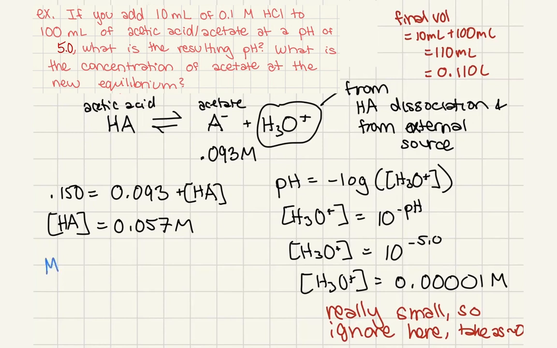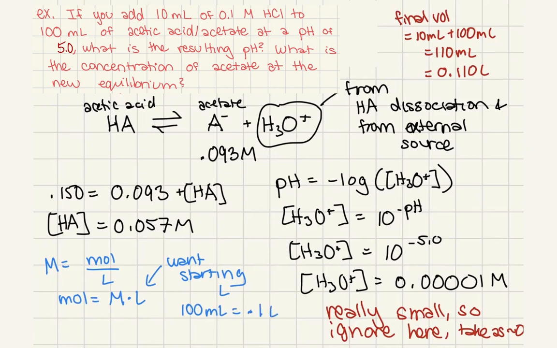Molarity is moles per liter, and we want to find moles, so moles equals molarity times liters. In this case, we're dealing with the starting liters, because that's where this 150 millimolar was calculated from. That is 100 milliliters, which is 0.1 liters.